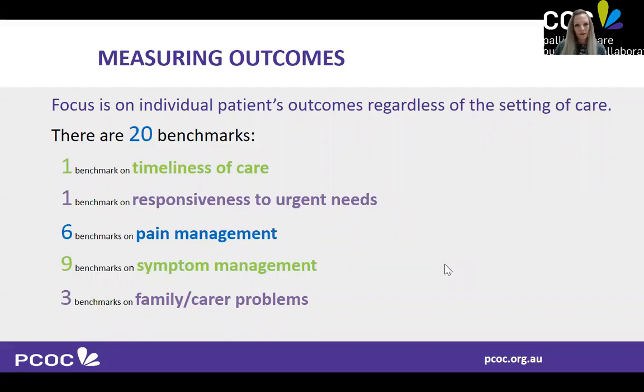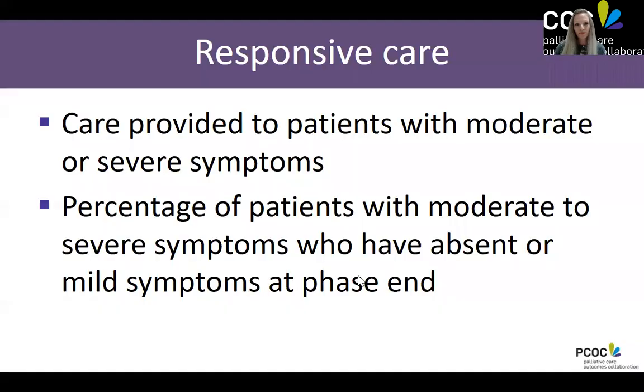There are 20 benchmarks, and each outcome measure is focused on the patient's outcomes regardless of the setting of care. The first one is timeliness of care, then responsiveness to urgent needs, and this is using the unstable phase. The symptom and pain and family care problem measures use the Palliative Care Problem Severity Score and the Symptom Assessment Scale.